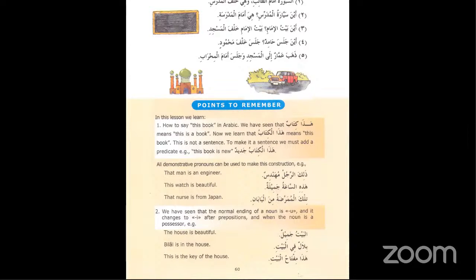In the next example, hazihi sa'atu is the subject, and jamilatun is the predicate. Tilkal mumarrizatu is the subject, min al-yaban is the predicate, the khabar. Yes, excellent. Is that clear? Yes.